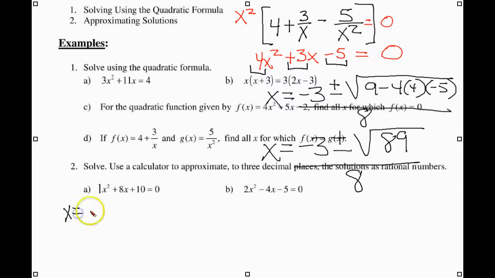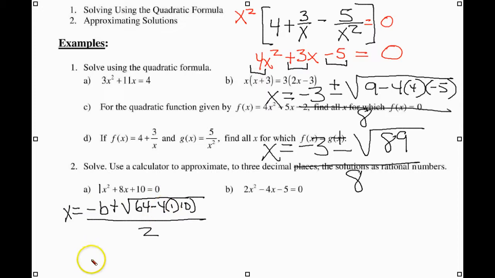X equals a negative B plus the square root of B squared, which is 64, minus 4a, which is 1, and c, which is 10, all over 2.